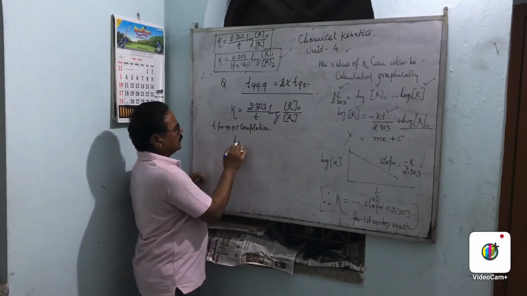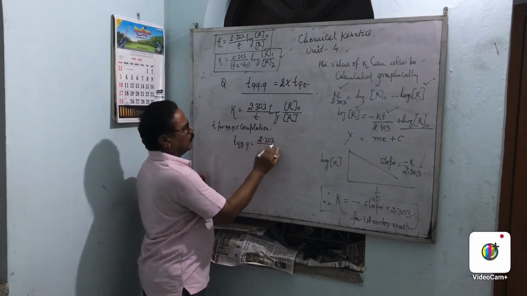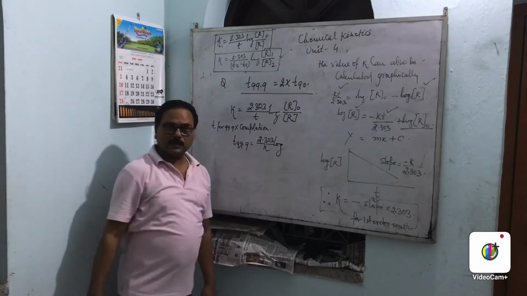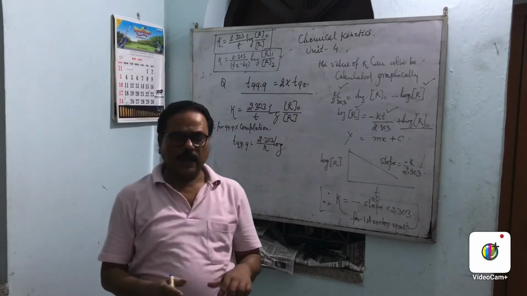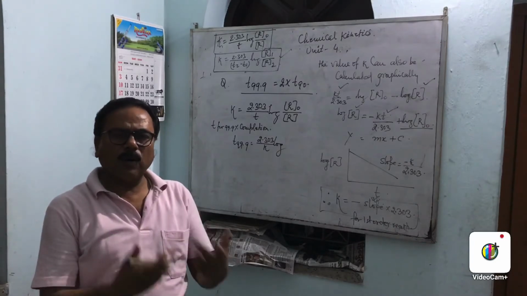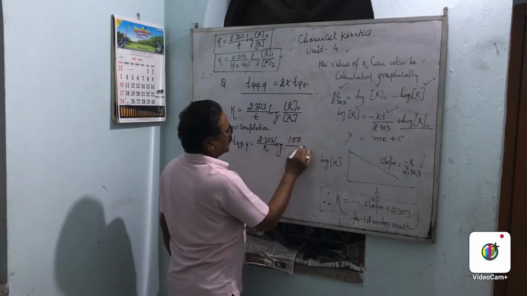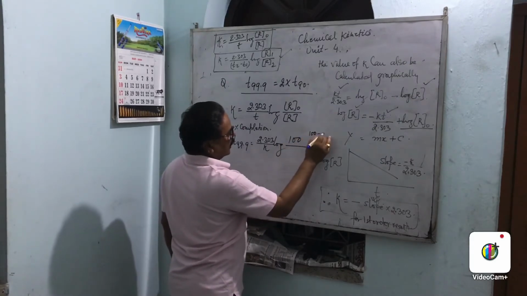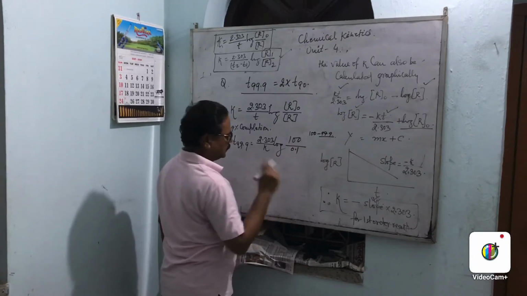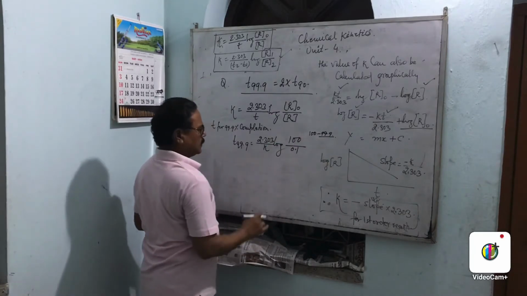So we write T for our convenience: T is equal to 2.303 by k log, where the initial amount is 100, and out of 100 it takes time T to complete 99.9%. So 100 minus 99.9 is 0.1. Is it clear?